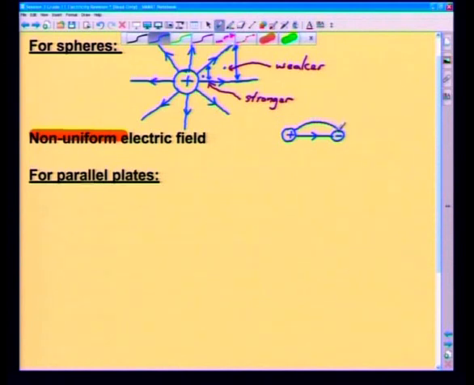Remember that they should start and land at 90 degrees. So please don't forget that. Trying so hard to get the 90-degree part done properly. So we would have this situation here. We'll have the field like that, or represented like that. The direction is, of course, from positive to negative.